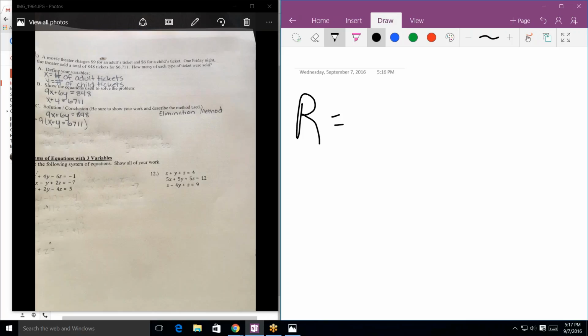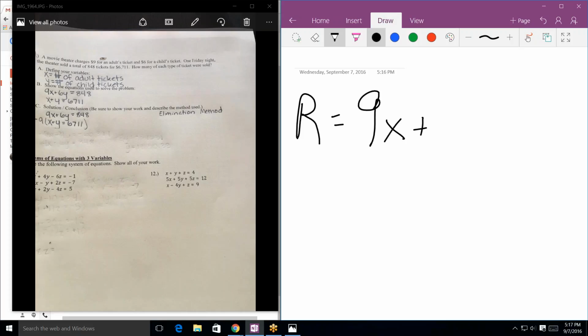How much revenue do you get from adult tickets? From adult tickets you would get $9, right? Oh, yeah. My bad. So $9 there and then $6. It's $9 times the number of tickets you have sold. Right. So 9x.